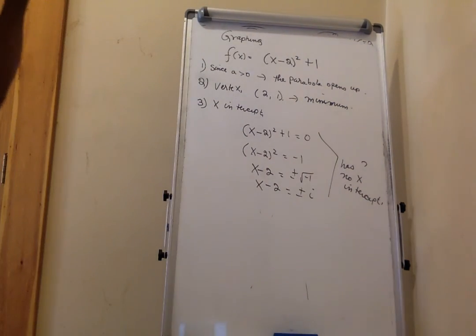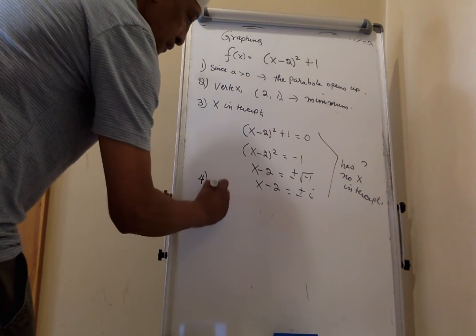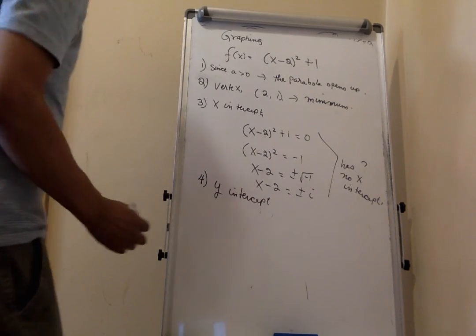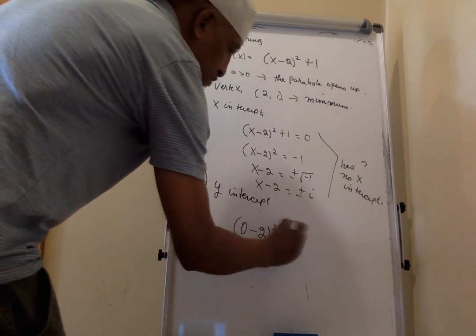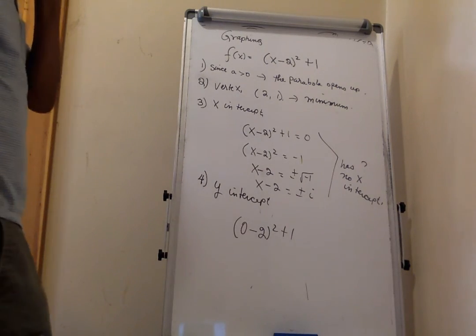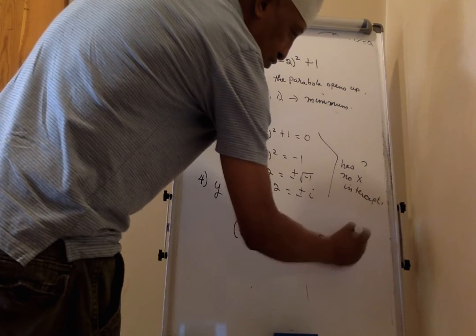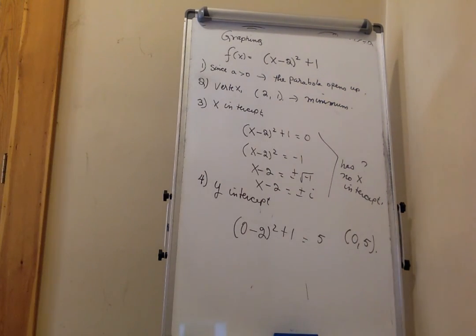Okay. The y-intercept: you plug in 0. (0 - 2)² + 1. -2 squared is 4, 4 plus 1 is 5, so you have a y-intercept 0 and 5.